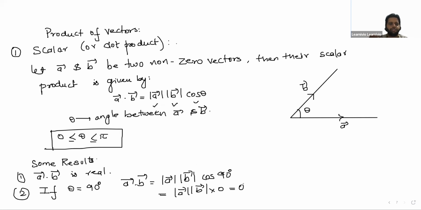Always remember, if two vectors are perpendicular, then their dot product will be 0 because we have a cos theta in the formula. Okay. Please note down this. Let me know once it is done. Then we will check some more results. Then we will try some questions.